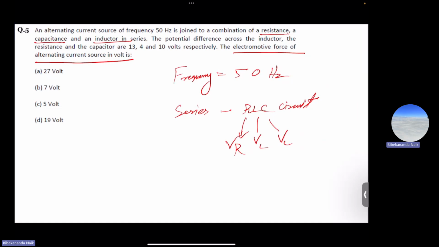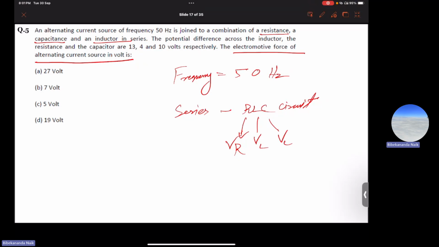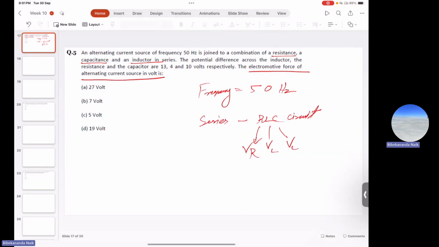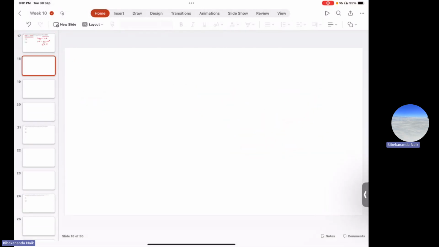So let's first discuss a few concepts related to the series RLC circuit, and then we will solve the problem. As the name implies, series RLC circuit means resistance, inductor and capacitor all are in series.